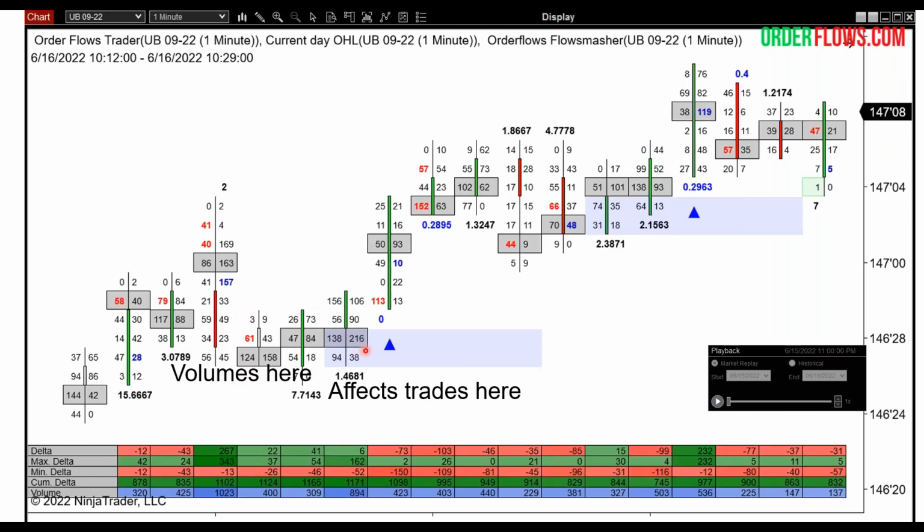Just like here in the ultra bonds today, right? You're seeing it shape up in here, that the volume's picking up in here. But it's one thing to have volume just start to pick up. How does that compare to the volume that was just trading immediately before it, right?